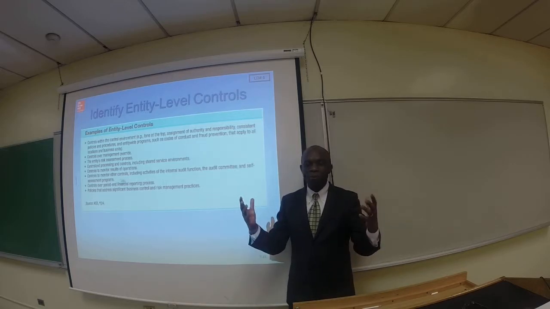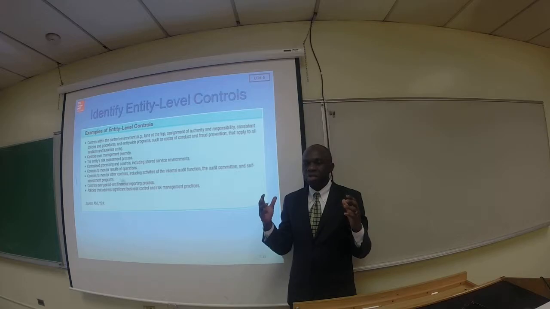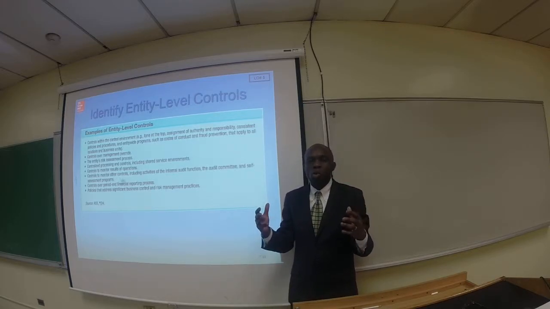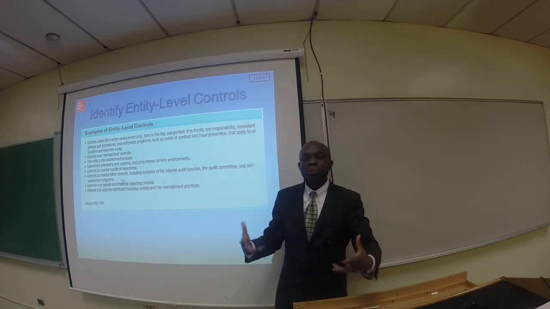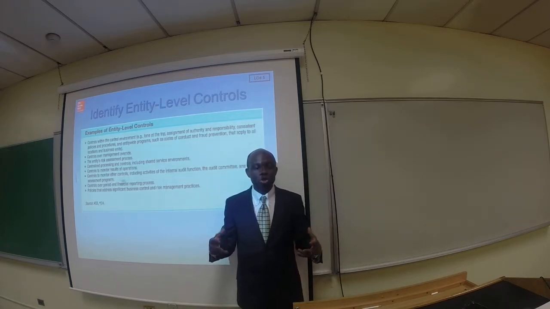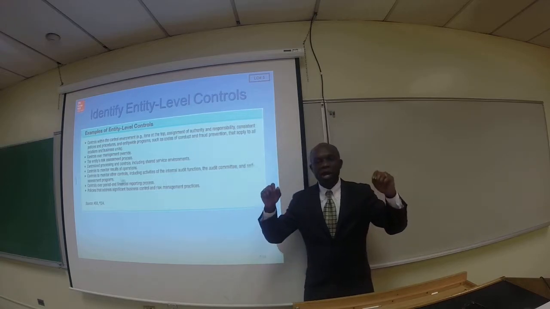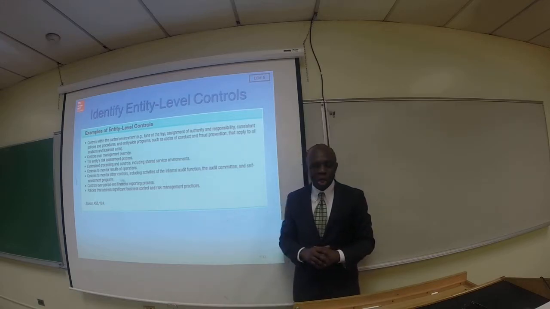So the control environment, remember we discussed that previously, is more or less like the tone at the top of the organization. In other words, how serious is management? How serious is the board of directors in relationship to internal control issues? So we look at those controls relative to the control environment because those controls have a widespread impact on the whole organization.